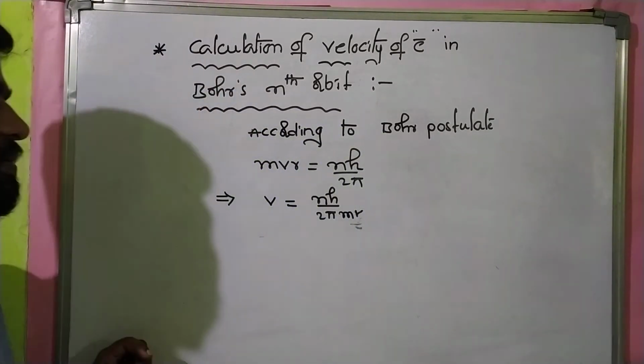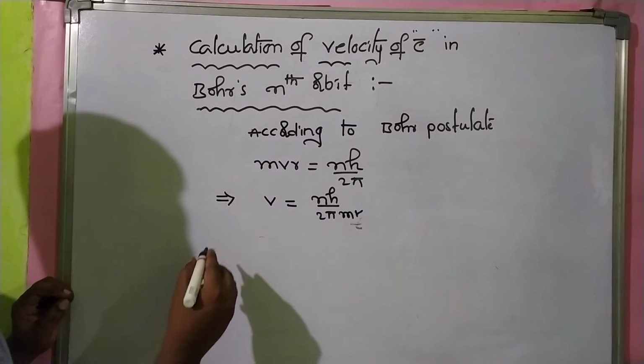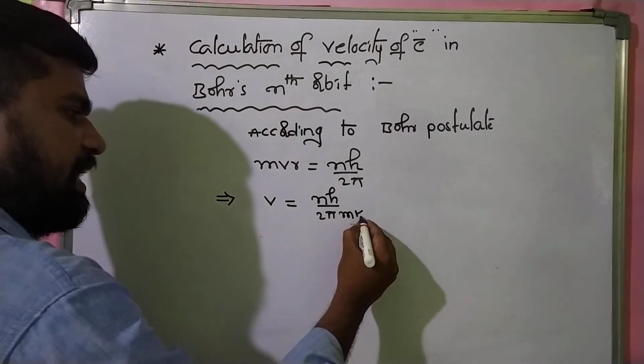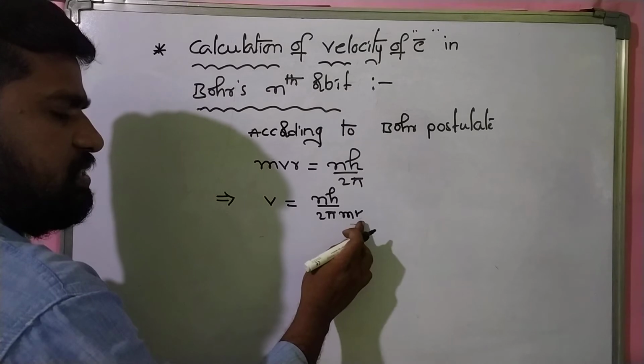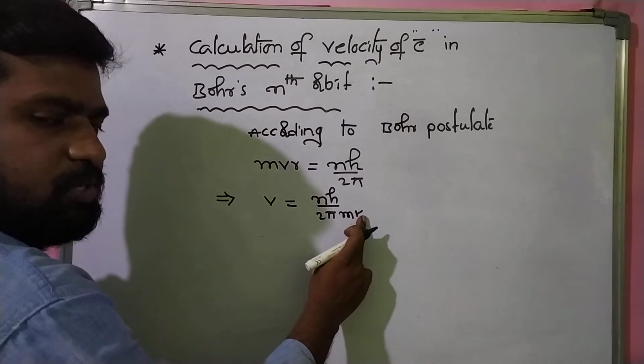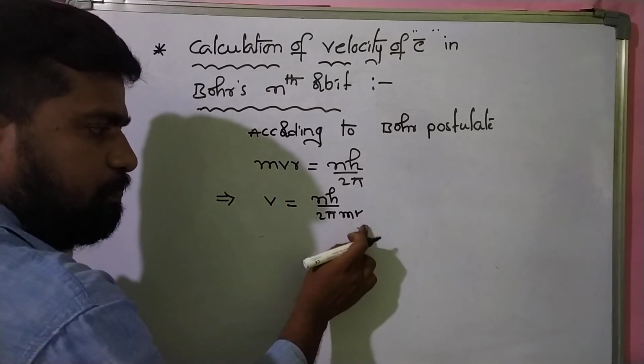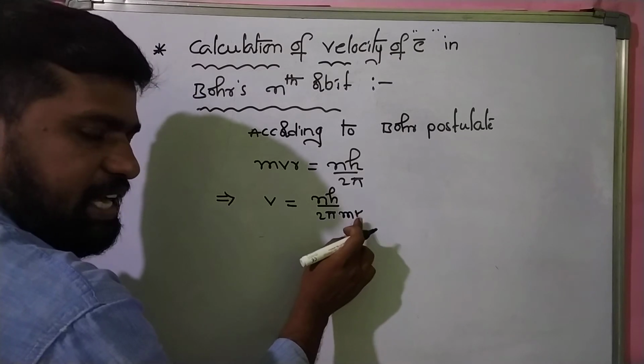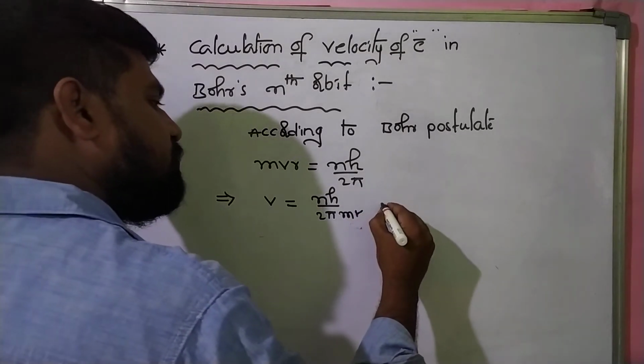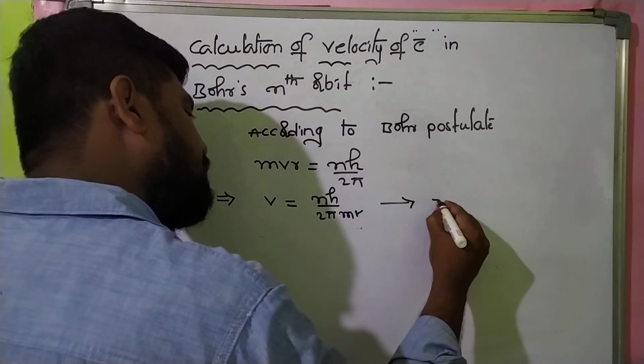Listen everybody. Now this is the radius, which everybody knows; we just calculated the radius of Bohr's orbit. Now we can put the radius value in this equation, which is equation number 7.